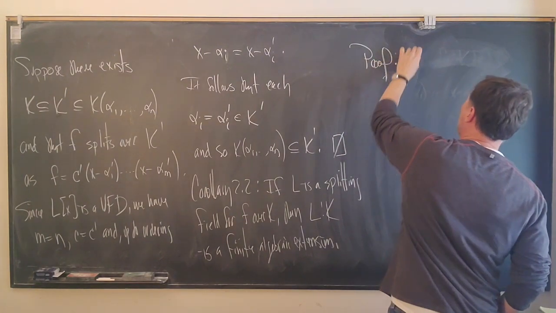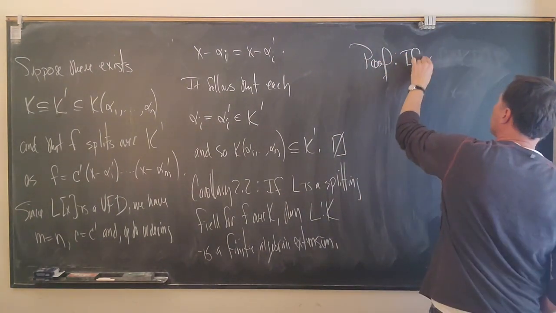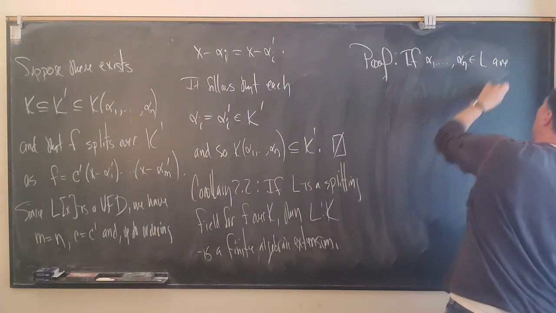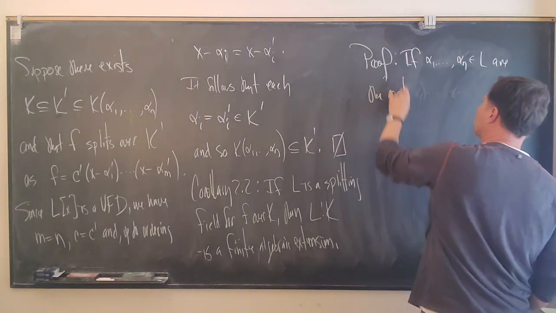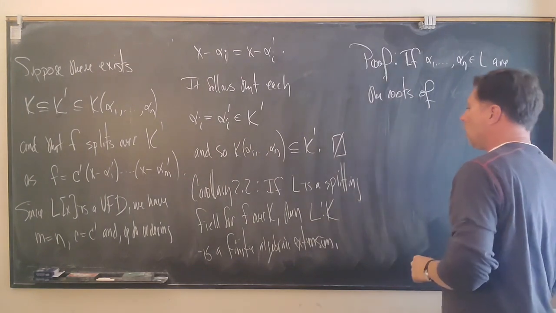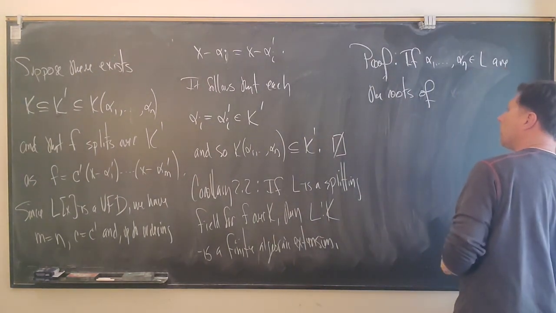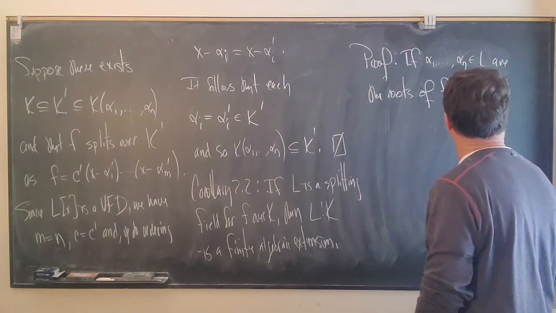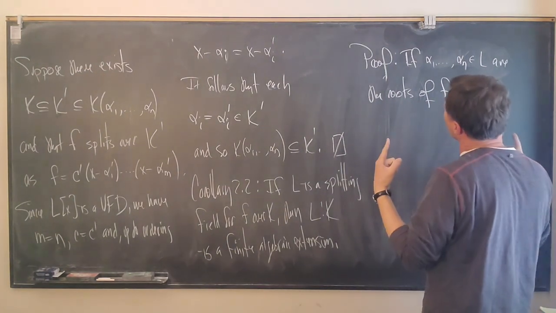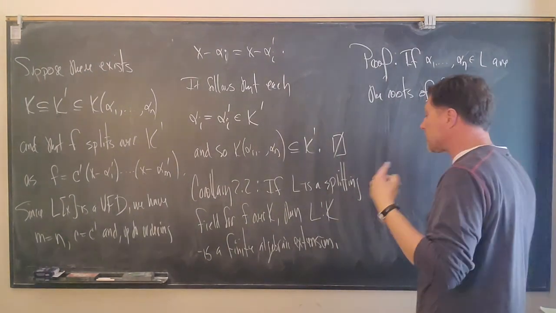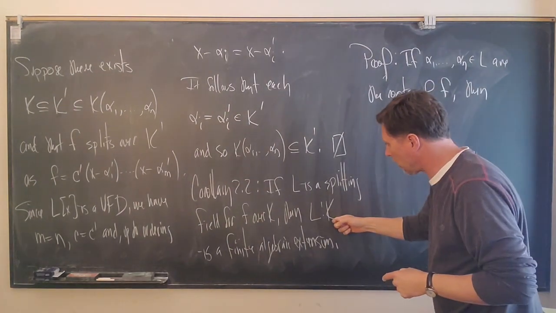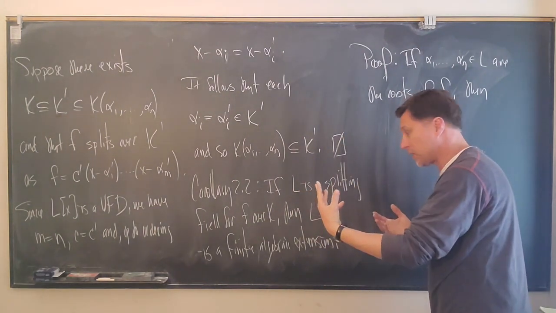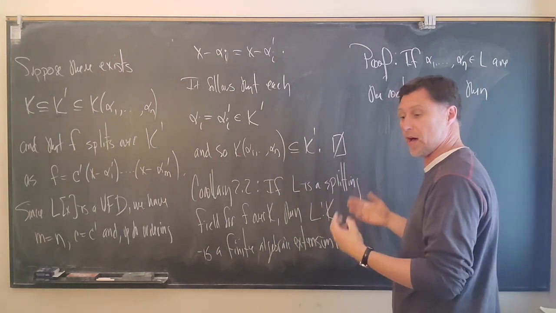So, for the proof, if alpha 1 up through alpha n in L are the roots of F, then we know that a splitting field is obtained by adjoining the roots to K. But if L is a splitting field, that tells us then that L, right, it's got to be the smallest place over which it splits, L has to equal K adjoin alpha 1 through alpha n.